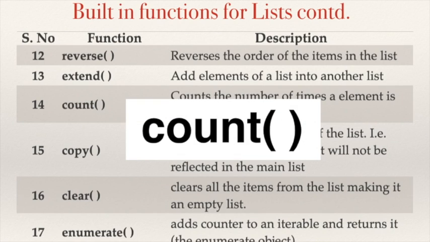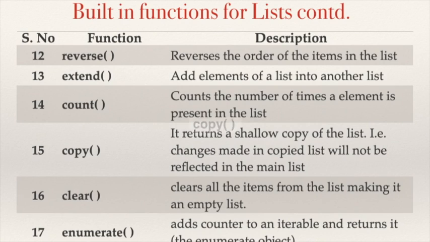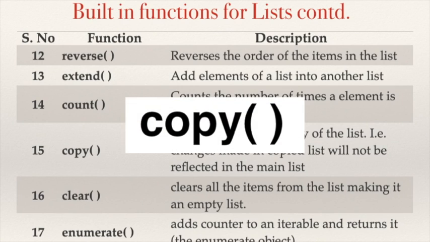The count function counts the number of times a value is repeated in a list. The copy function is an important function which is under the copy module and performs a shallow copy of a list of elements to another list, where new memory is created for the copied list.